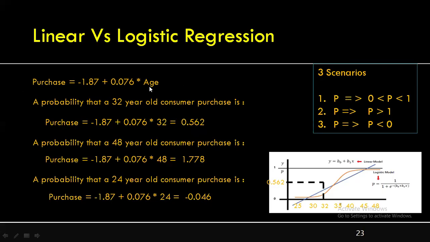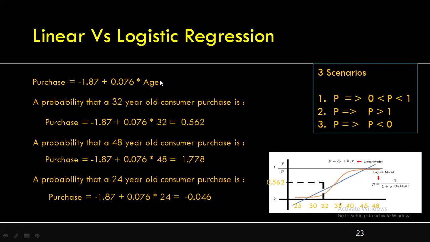The idea is that, given any age, the model has to predict the probability of whether the customer is going to purchase or not. Yes means purchase, no means no purchase.